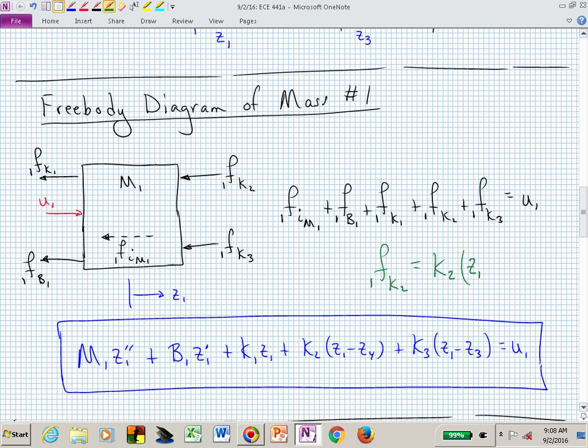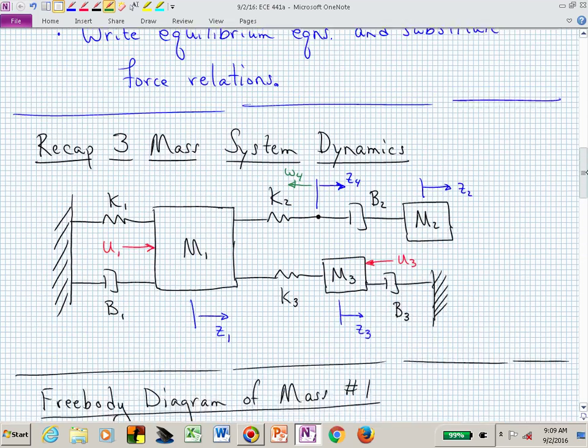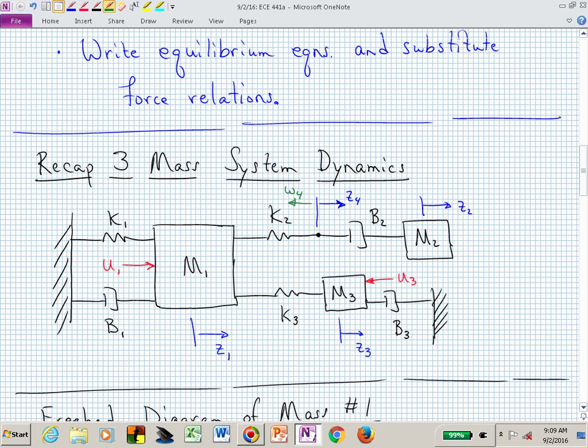It's plus W4, because now if I move it in the positive W4 direction, that will give me a force going to the left. And so in this case, I have not Z1 minus Z4, I would have Z1 plus W4. But that should have been obvious since Z4 is just the negative of W4.